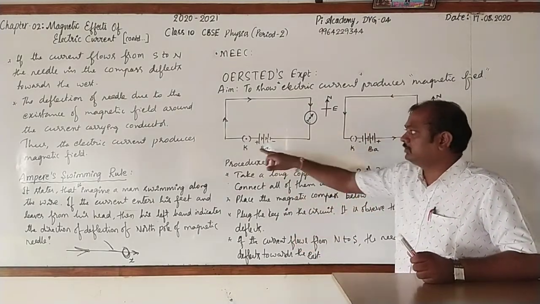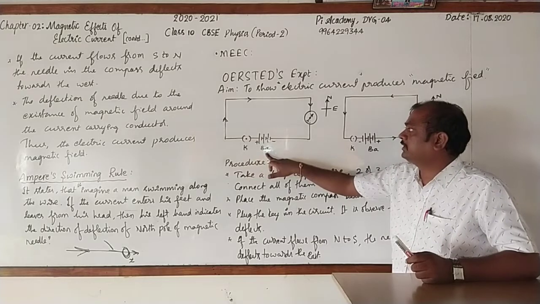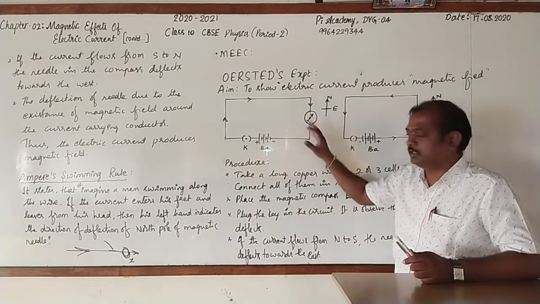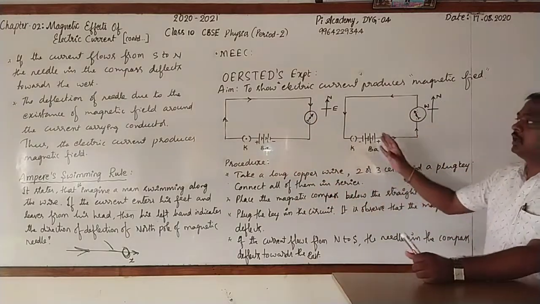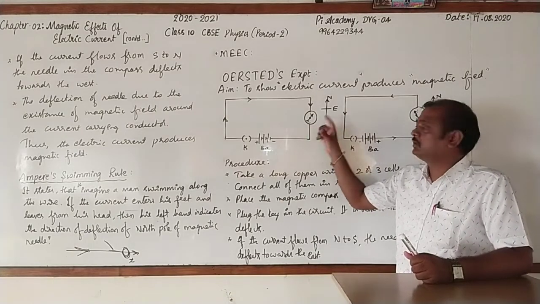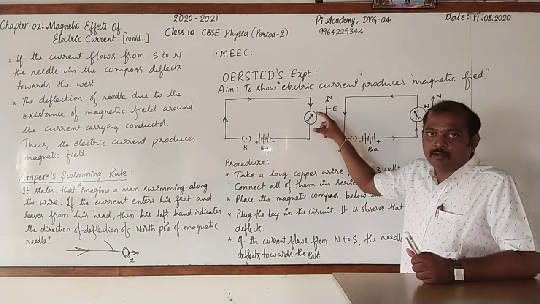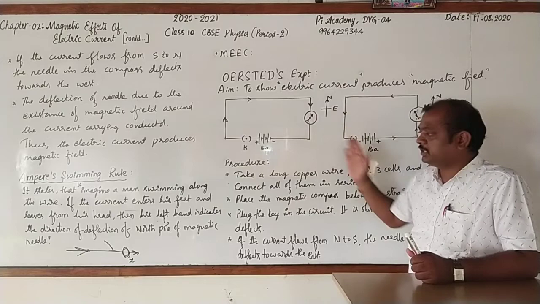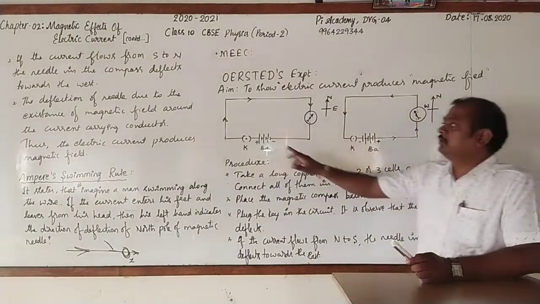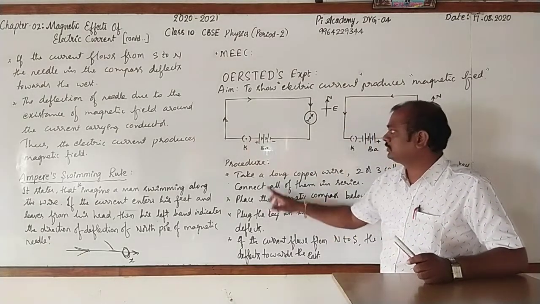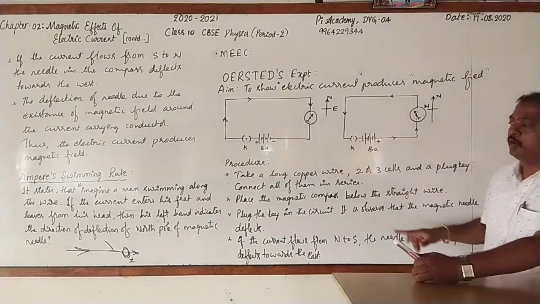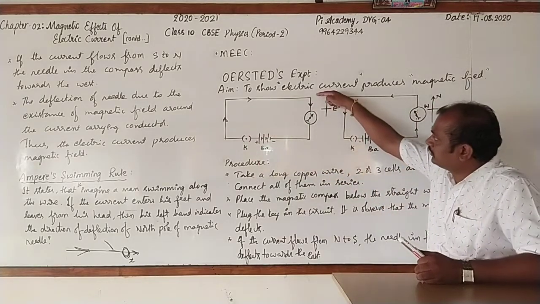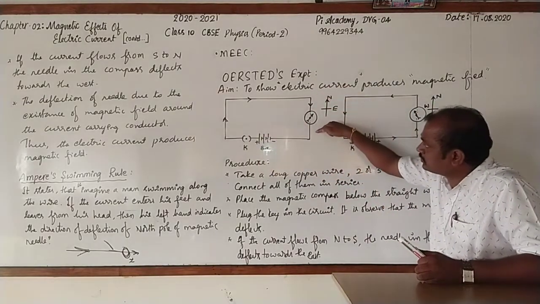First, we have taken the plug key, battery and the wire. They are connected in series. Then we are going to place the magnetic compass just below the straight wire. Then close the circuit. Then current flows along the wire, here, see that, from north to south.